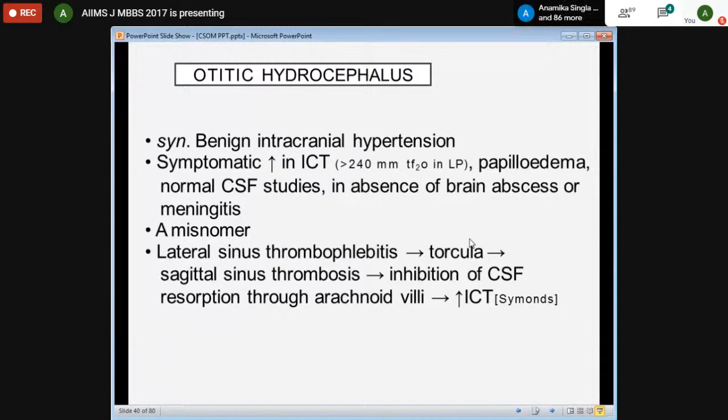There will be inhibition of CSF resorption; CSF will be formed normally, but it will not be normally absorbed, leading to increased CSF in the brain and increased intracranial tension. Although there are neither bacteria nor abscess, there will be increased intracranial tension. That is why it is known as benign intracranial hypertension.